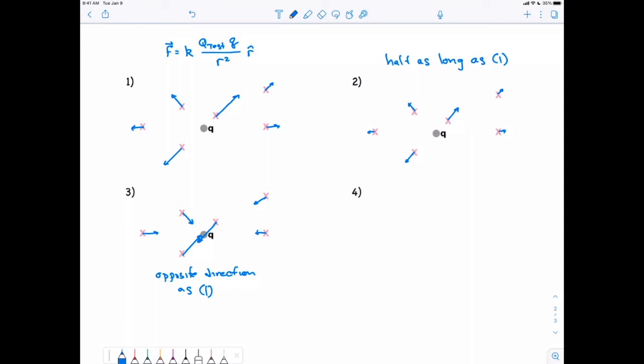So what can we say about the force that the charge feels divided by the magnitude of the test charge? So question 4. Does anybody have a thought?